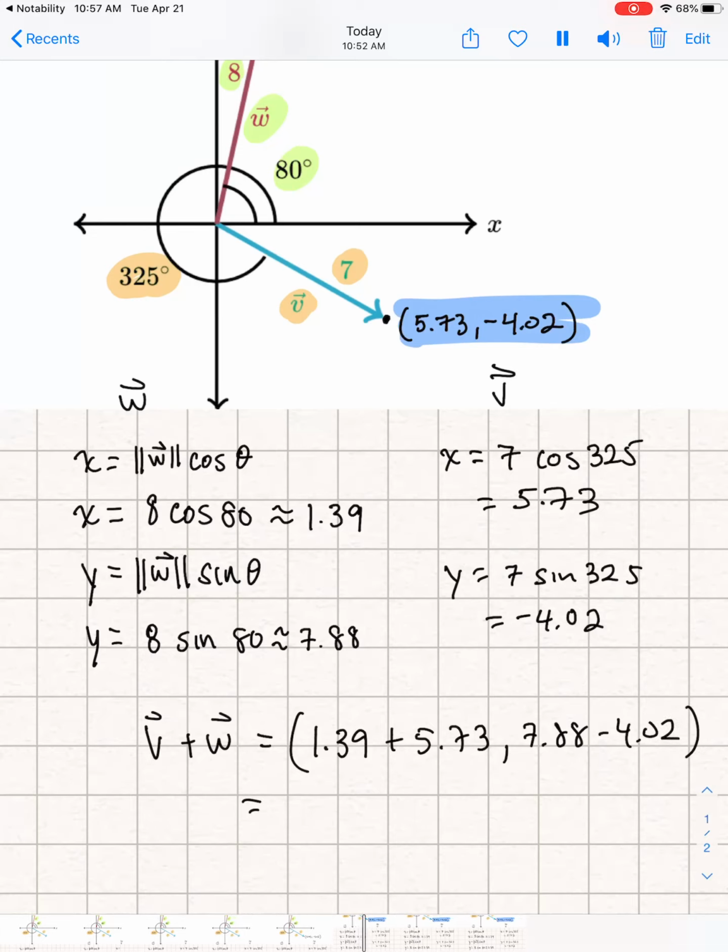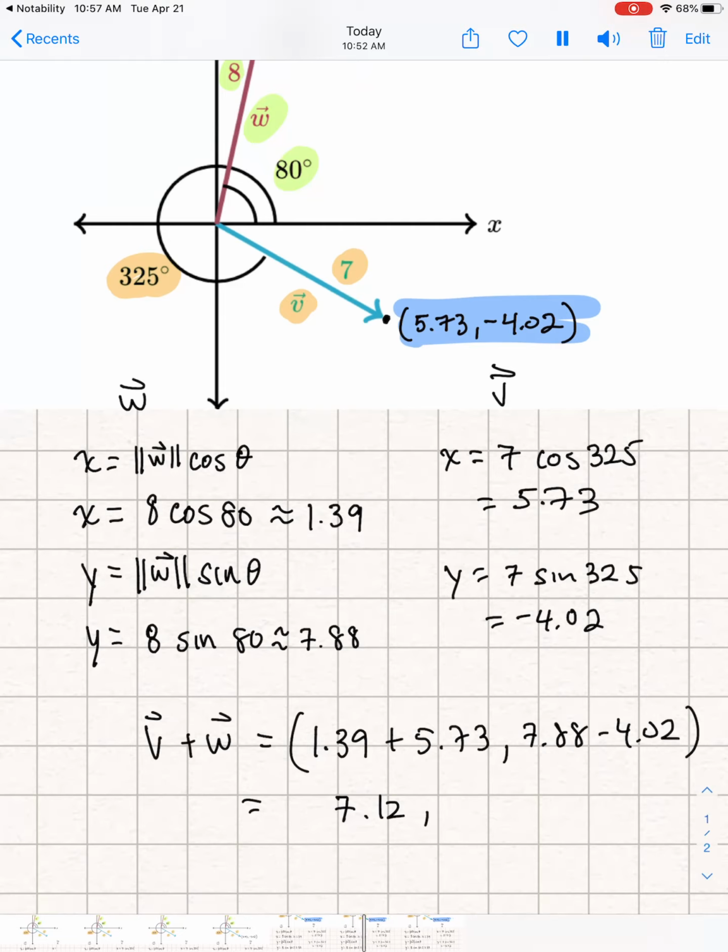It really doesn't matter the order, because we're doing addition here. It doesn't make a difference whether you do W first, then V. As long as you write it this way, that's all we're really doing here.